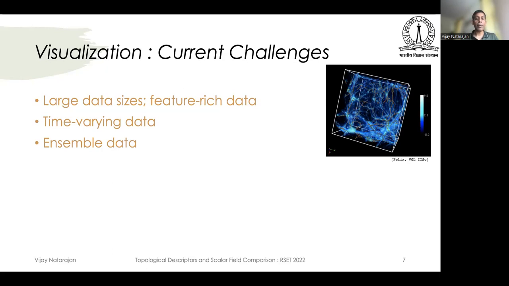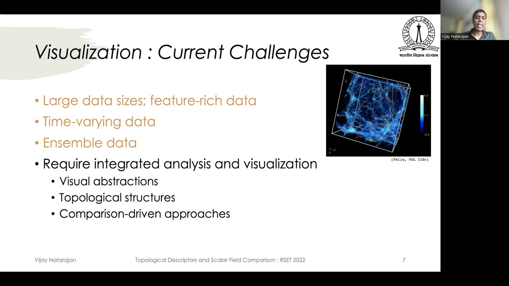So this increase in feature richness of the data necessitates new techniques for visualization. The classic techniques do not work anymore. One example of a new technique or a new paradigm for data visualization is the creation of visual abstraction, so abstract representations of the data.